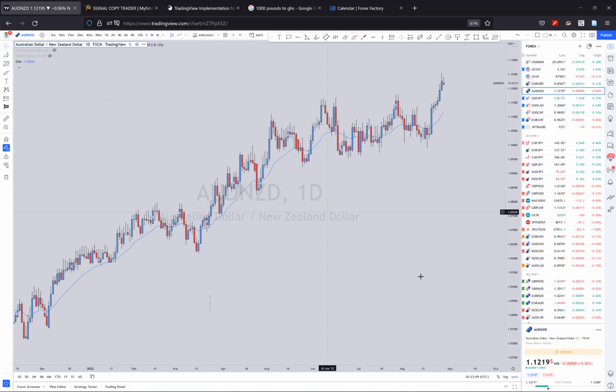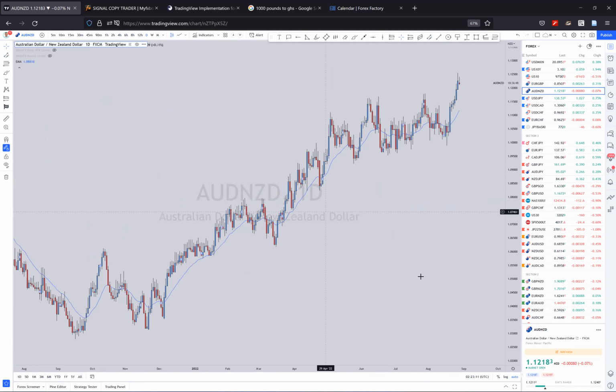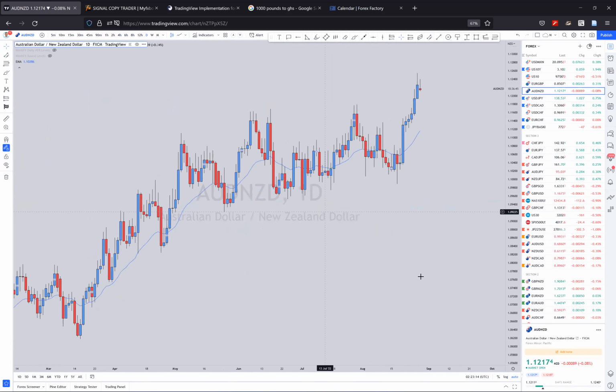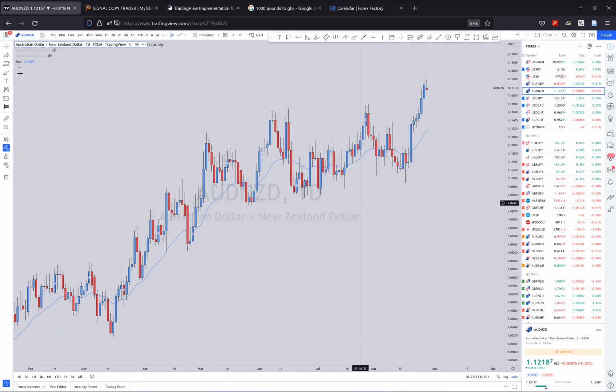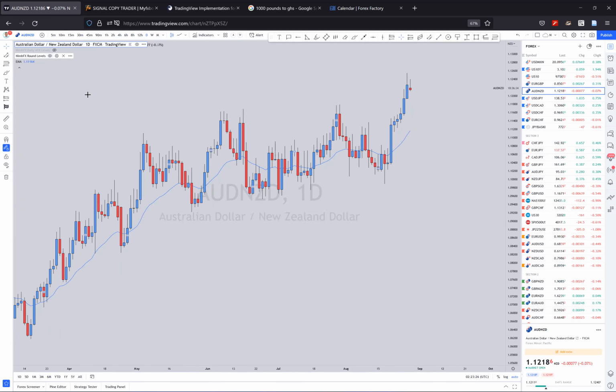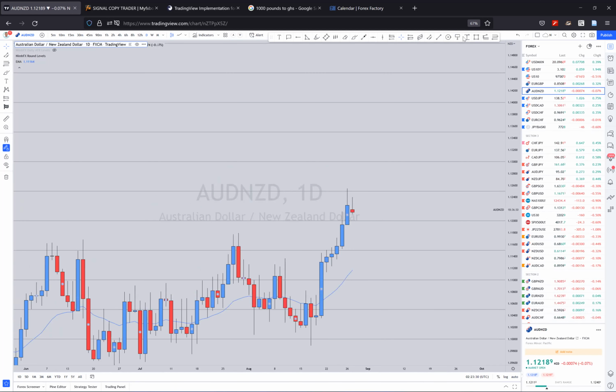AUD, I've stopped trading this instrument, but I still look at it to determine which of the two pairs, AUD and NZD, is stronger. So we had price rejecting a major psychological level, 0.2600.